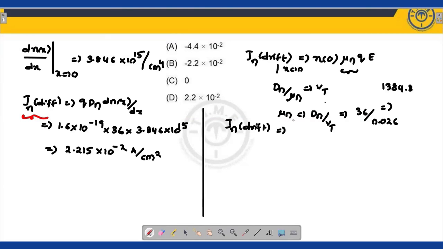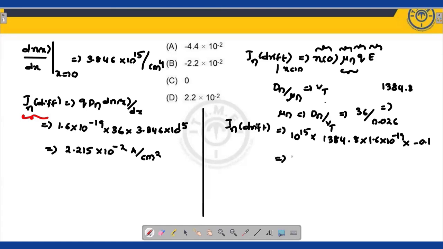Drift, which is equal to N0, mu n, q, and E values you are getting, my dear friends, which is equal to 10 power 15 into mu n value 4.8 into charge into E value minus 0.1.